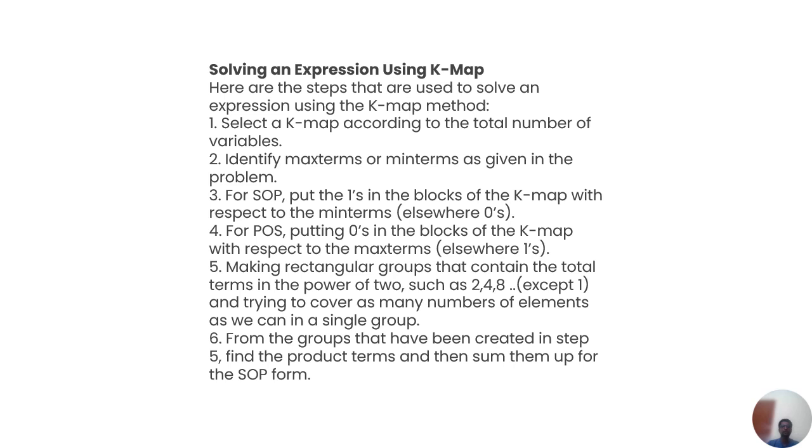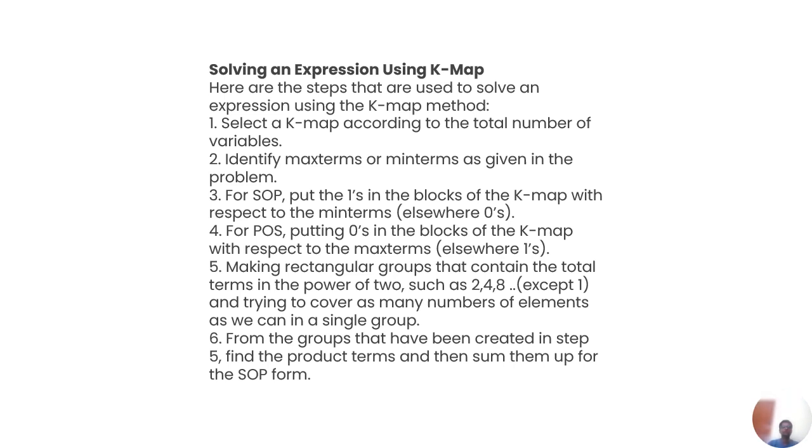Now let us discuss some steps to solve an expression using a K-map. First, select a K-map according to the total number of variables and identify the max terms or min terms as given in the problem. Next, for SOP, put the ones in the blocks of the K-map with respect to the min terms.